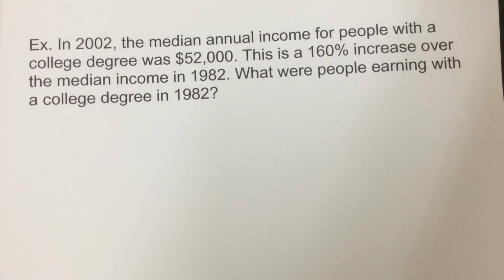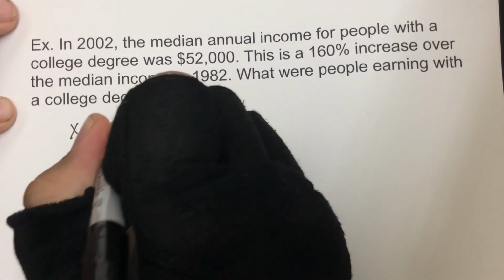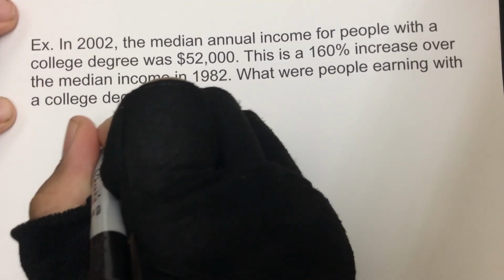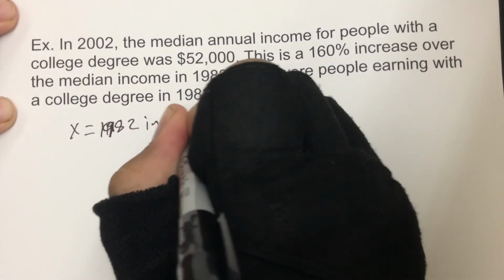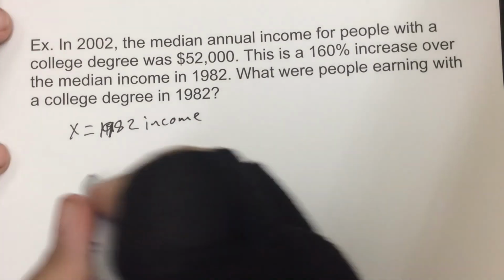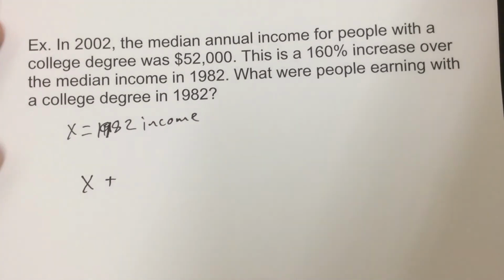Now, in 2002, the median annual income for people with a college degree was $52,000. This is a 160% increase over the median income in 1982. What were people earning with a college degree in 1982? We're going to let X be the 1982 income. In 1982 we made X. In 2002 we're going to make that and then an increase of 160%, an additional amount.